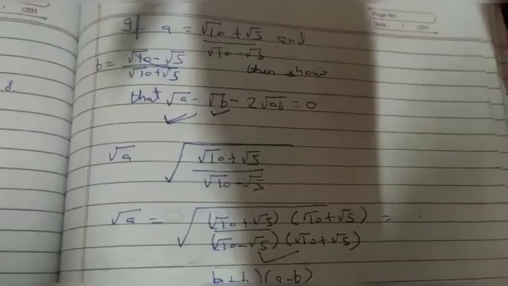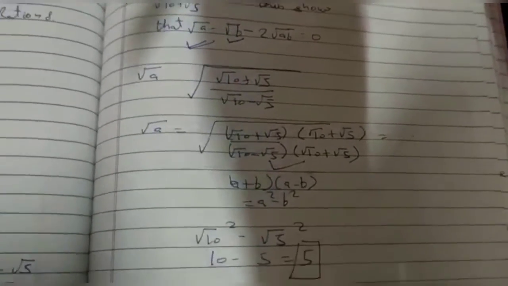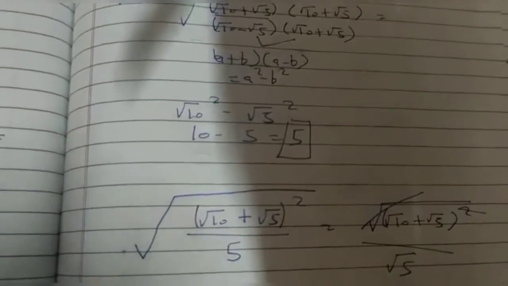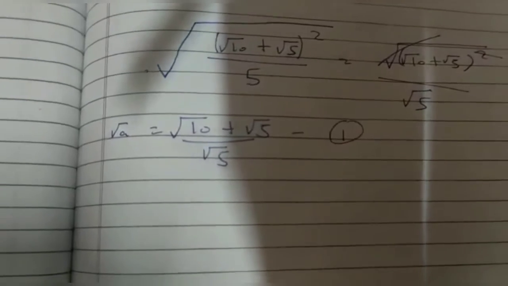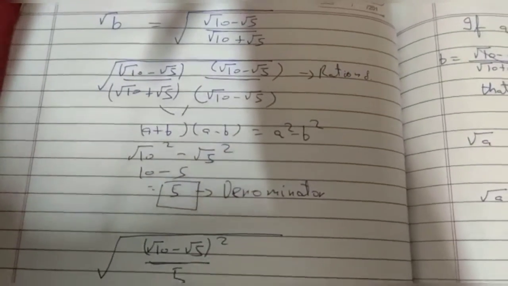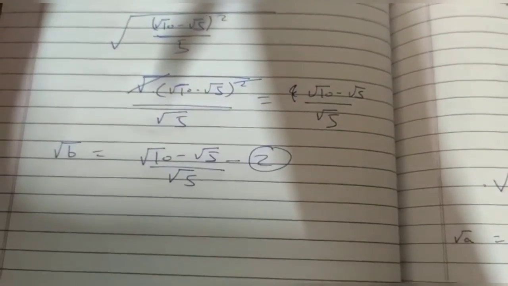So let me quickly recapitulate. First of all, I calculated the value of root a by rationalization, by conjugate pairs. Then I found the numerator and denominator, and I got equation number 1. Then I solved for root b, and by rationalization I got the answer, equation number 2.